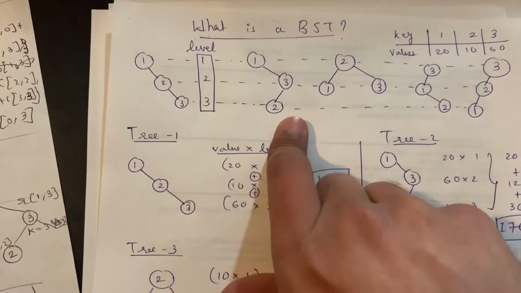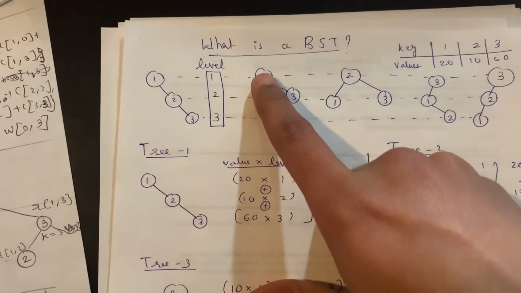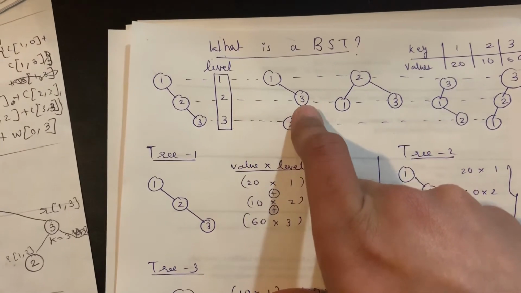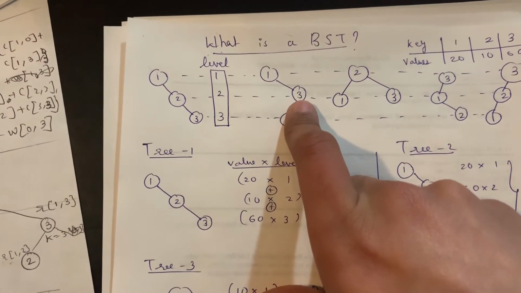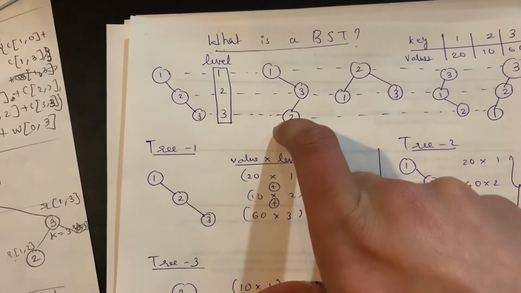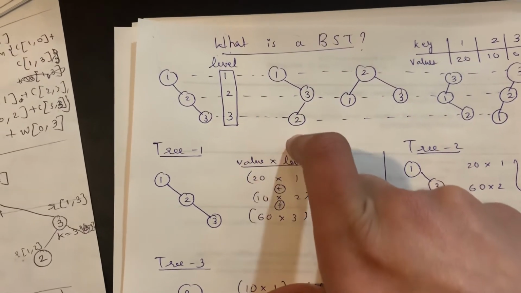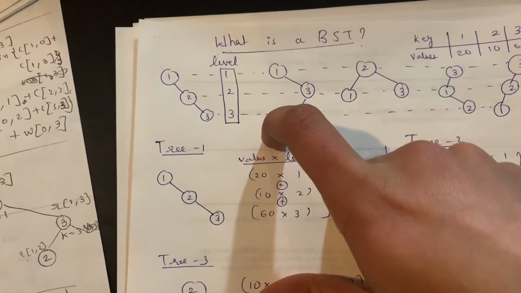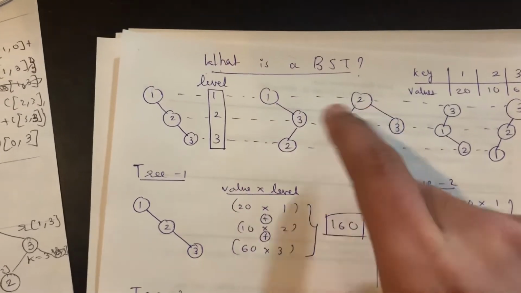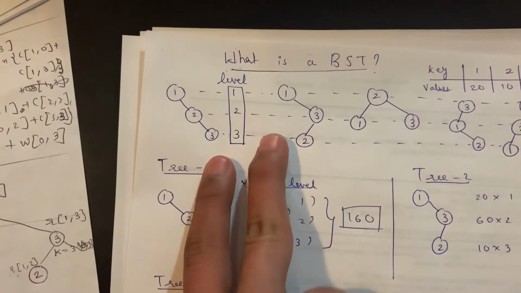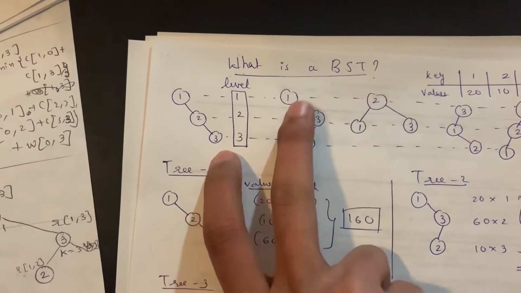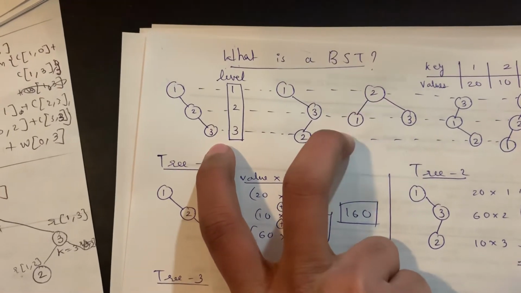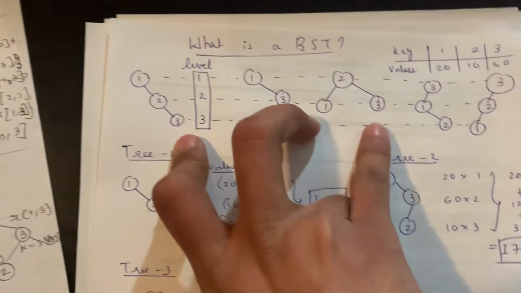For the second example, we have the same root node, key 1, but the next key we take is 3, so 3 is greater than 1 and goes on the right. 2 is less than 3 but greater than 1, so 2 will end up on the right of 1 but left of 3. Those are the only 2 configurations with 1 as the root node. Then we switch the root node to key 2. So 1 goes to the left and 3 goes to the right.